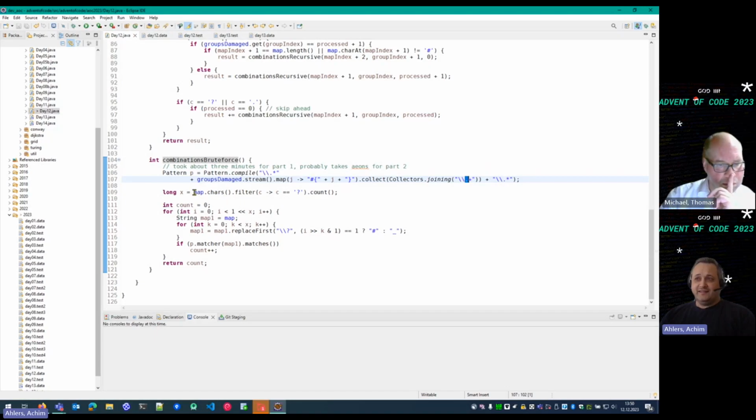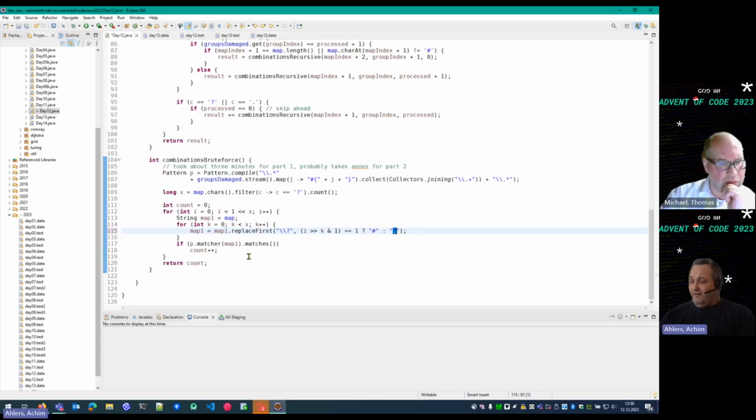And then I take the given string with the operating, defective, and unknown hot springs, and replace the question marks with either a hash or a point, for a defective or an operating hot spring.